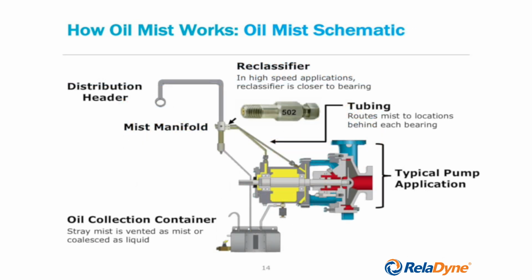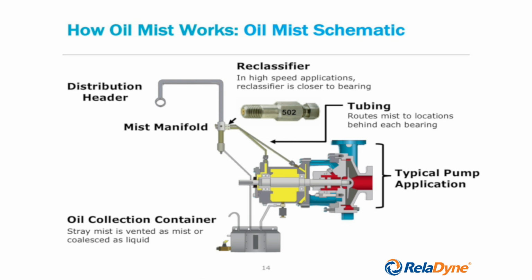A close-up view will show us a distribution header. This was the distribution header that we had seen earlier in the slide that preceded. From that header, we go to a mist manifold. A mist manifold is simply a convenient location where several tubes can be tied in.